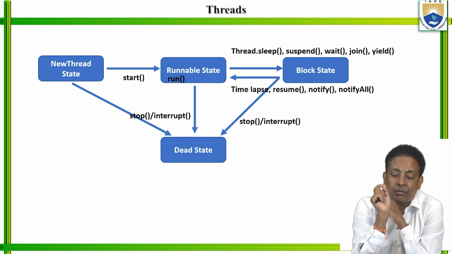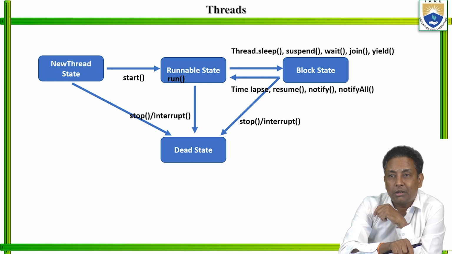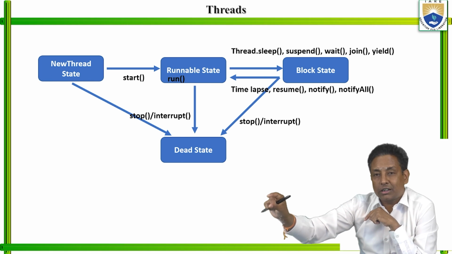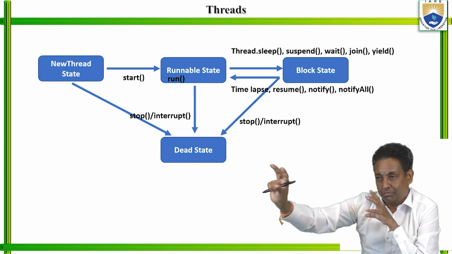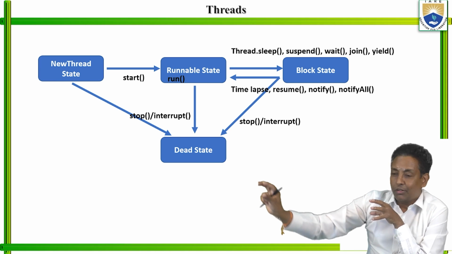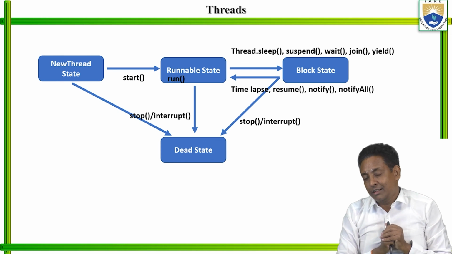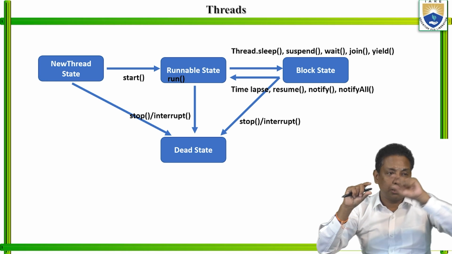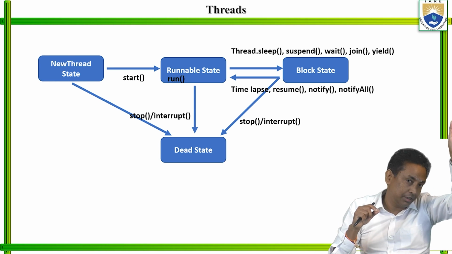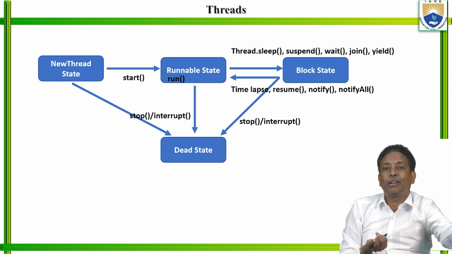And from the runnable state, if any of these methods are used in a method, the thread will go to the block state. Once the block is completed, it will resume back to the runnable state. Once the complete thread execution is completed, from the run method you call the method, and once its execution is completed, the method comes to an end.